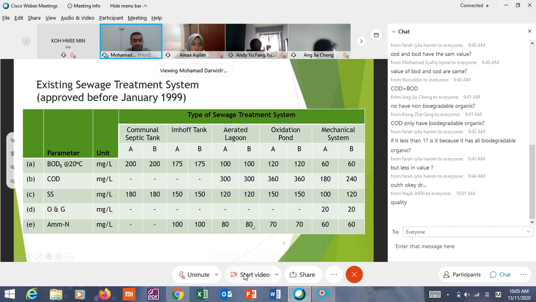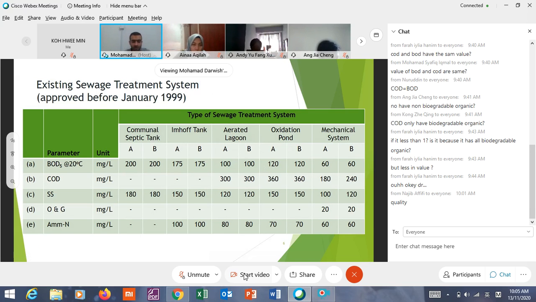And these are the standards of wastewater for each treatment unit. We have the septic tank, the Imhoff tank, the aerated lagoon, and oxidation ponds. These are units inside the treatment plants.